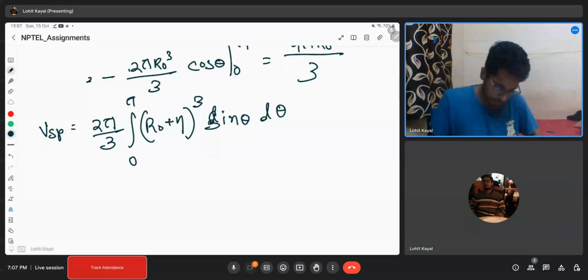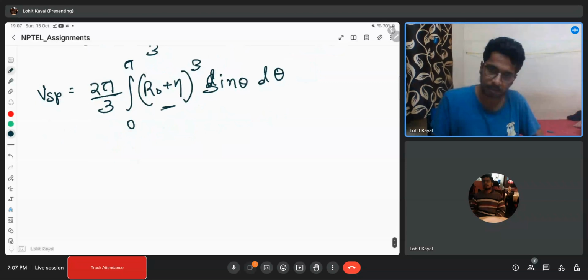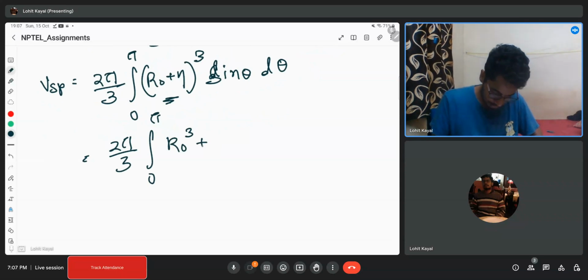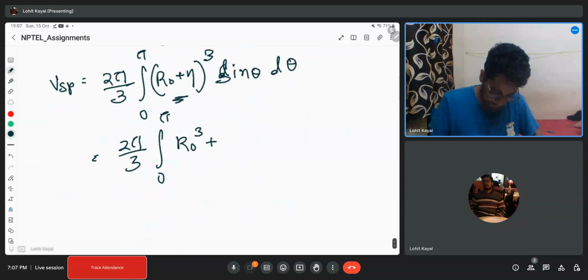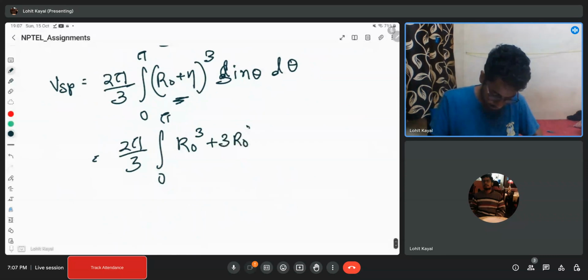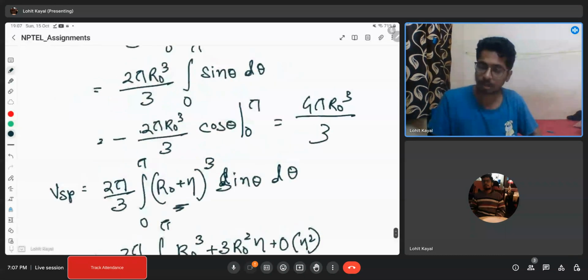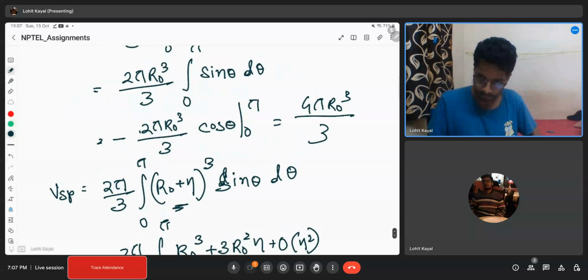Alright, okay. So now we will expand this quantity. We will have 2 pi by 3, 0 to pi, r naught cubed plus 3 r naught squared eta plus order eta squared. We will not consider the nonlinear terms of eta.